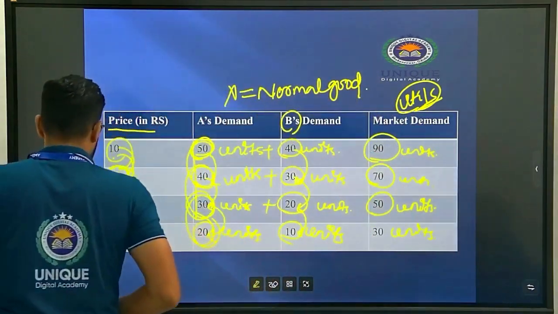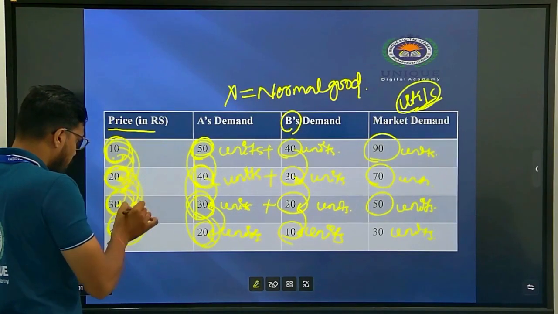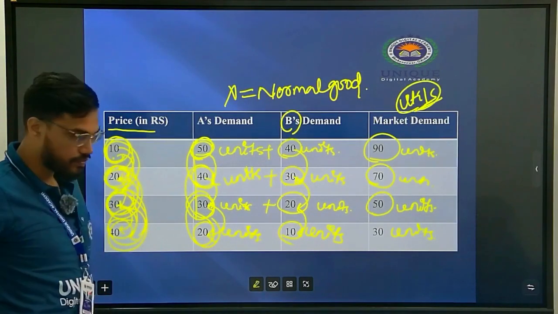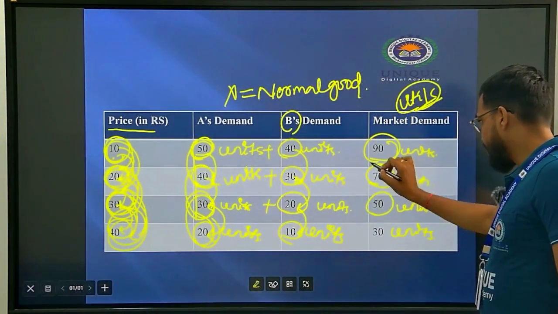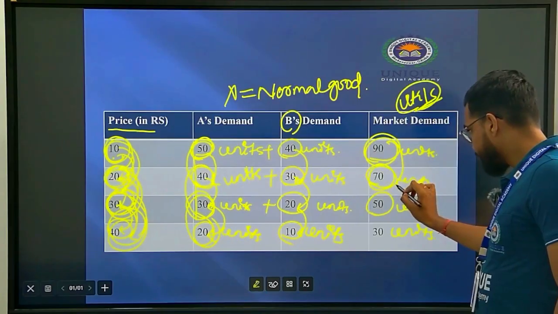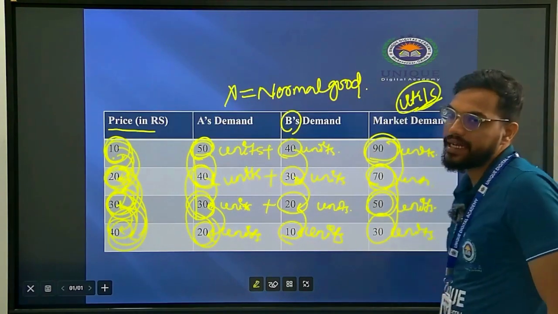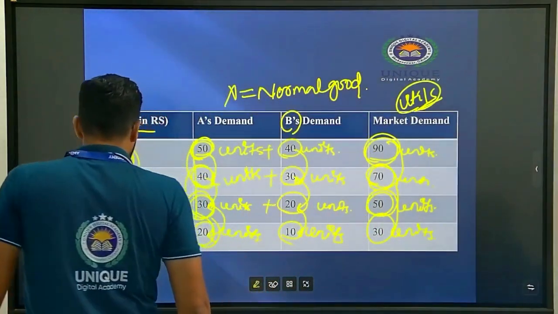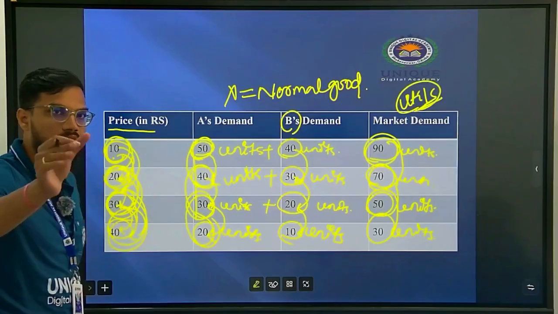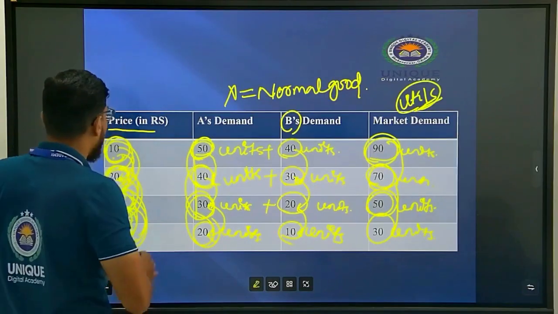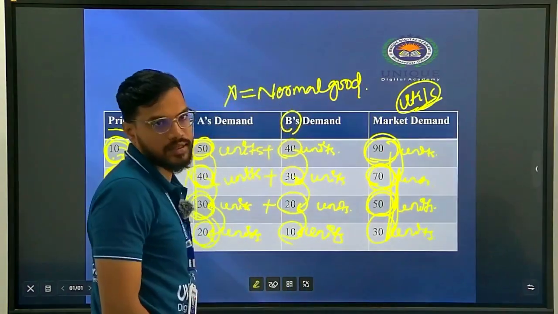Here, when price increases from 10 to 20, 20 to 30 and 30 to 40, the market demand also declines from 90 to 70, 70 to 50 and 50 to 30 units. So, there also exists an inverse relationship between price and market demand for a product.